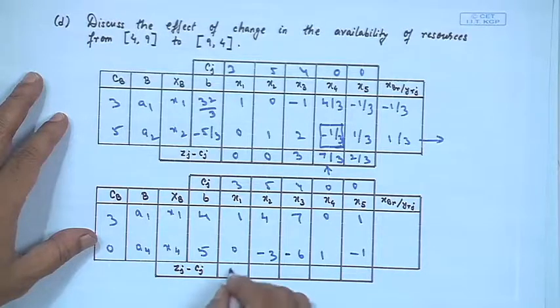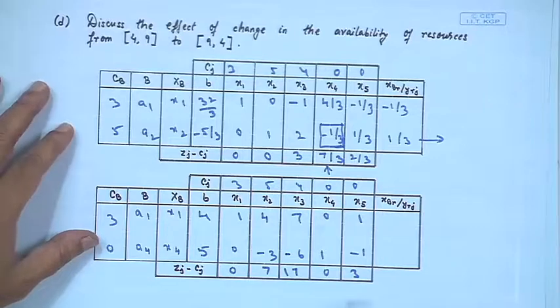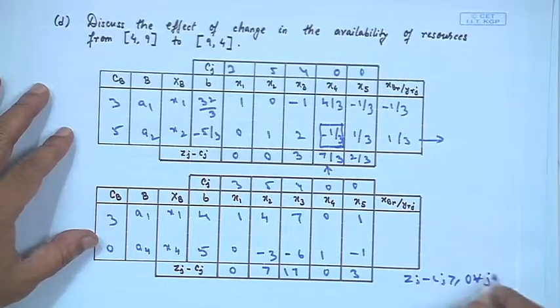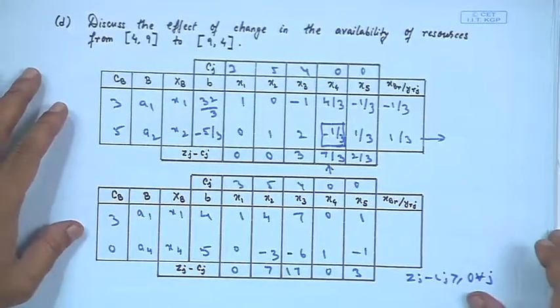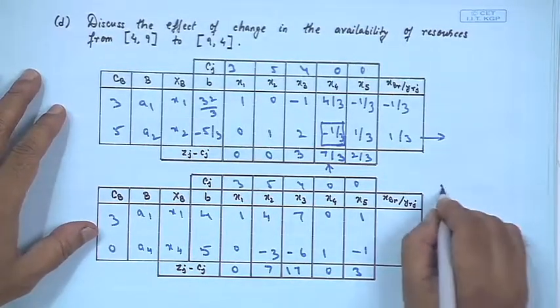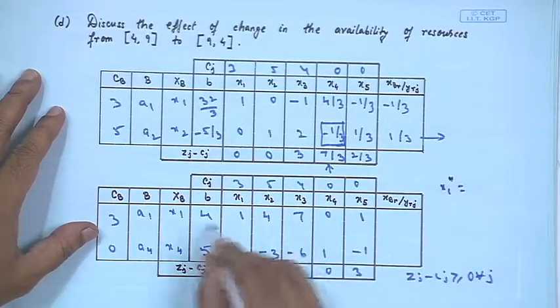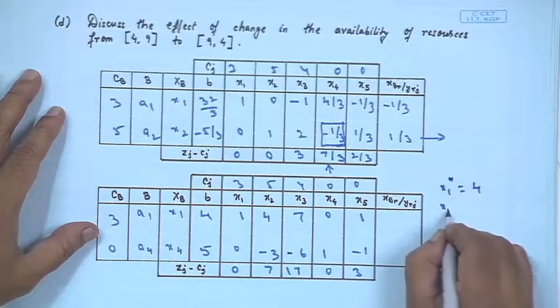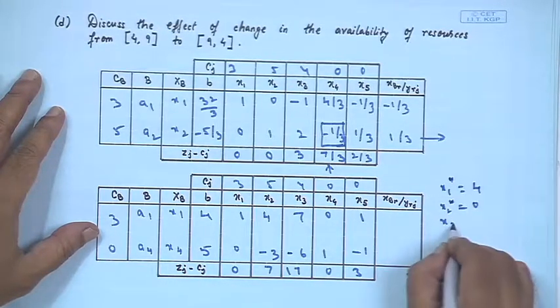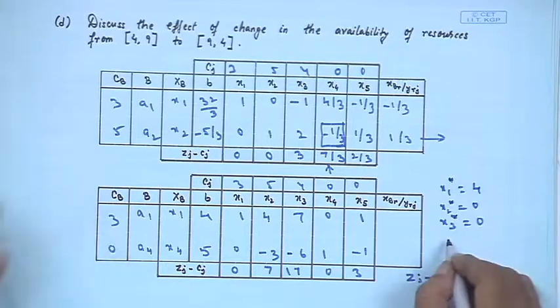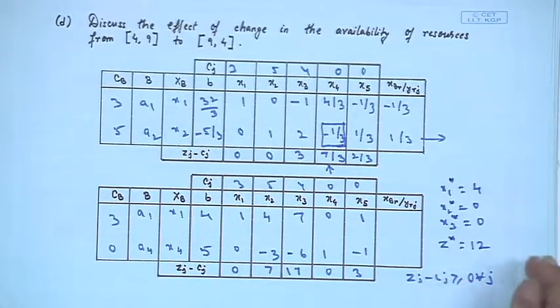Zj minus Cj you will get 0 7 17 0 3. So, all Zj minus Cj is greater than or equal to 0 for all j. So, you obtain the optimal solution as x1 star equals 4, and x2 and x3 star equal 0, and z star if you calculate it is 12.